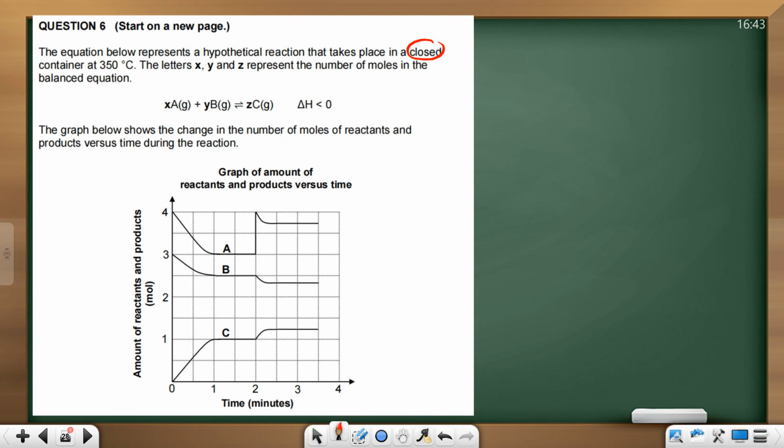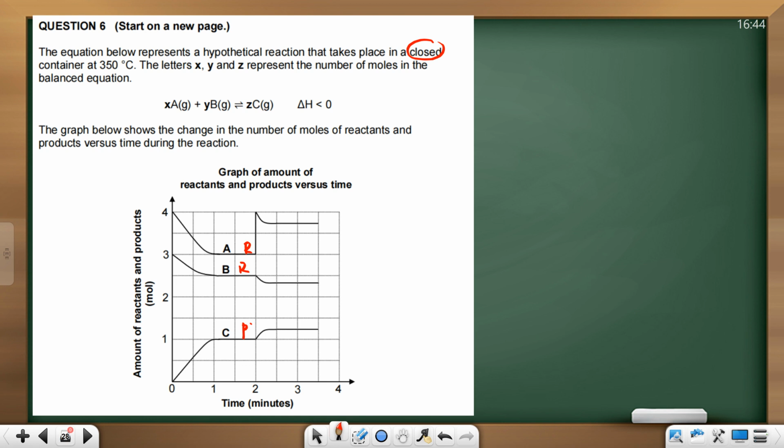The letters X, Y, Z represent the number of moles in a balanced equation. The graph below shows the moles of reactant and product versus time during the reaction. A and B are the reactants, and C is the product.